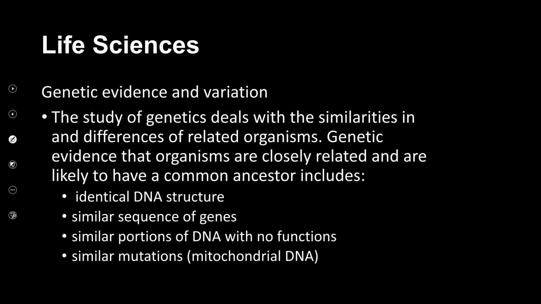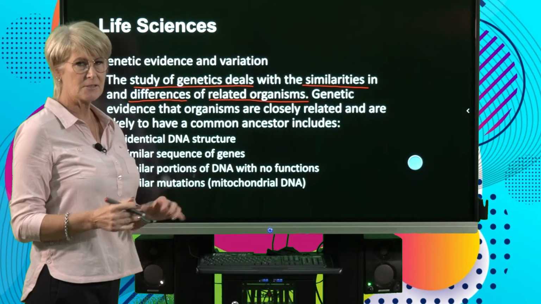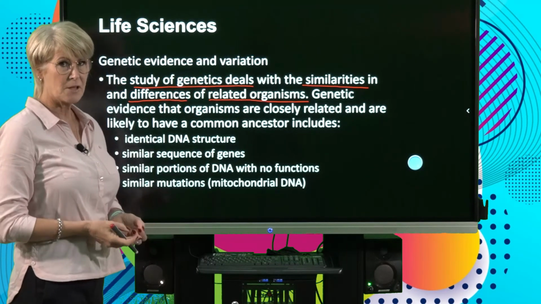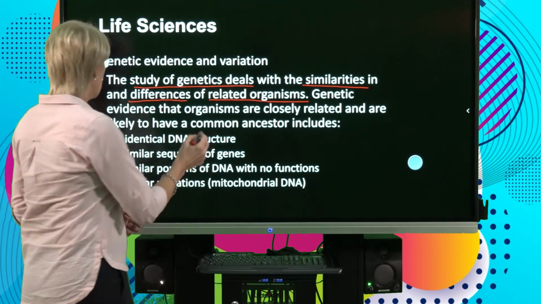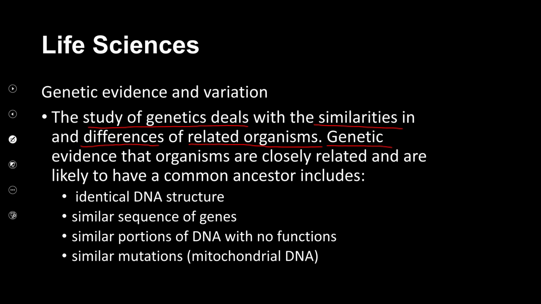The study of genetics deals with similarities and differences of related organisms. We will find that there are some characteristics that are similar, but obviously also some that are different.